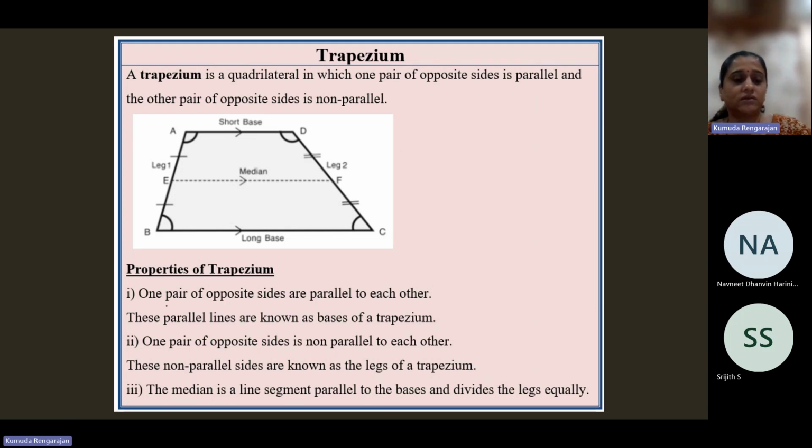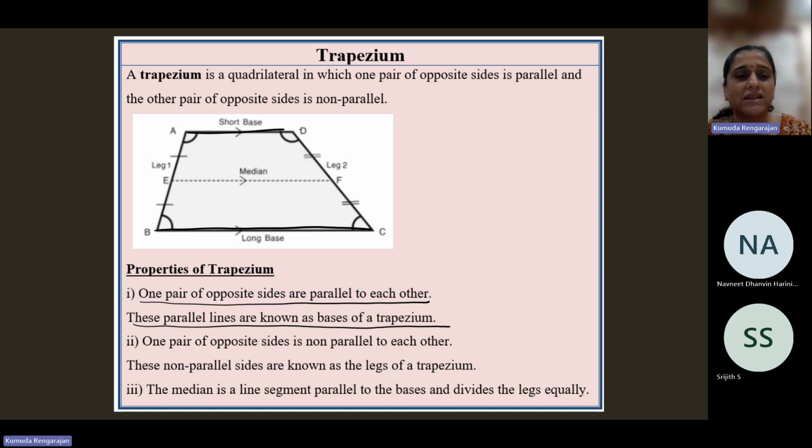So you can see here, one pair of opposite sides are parallel to each other. The parallel sides are known as the bases of the trapezium. In this trapezium, this one is the shorter base, this is the longer base. You can have a trapezium like this also.